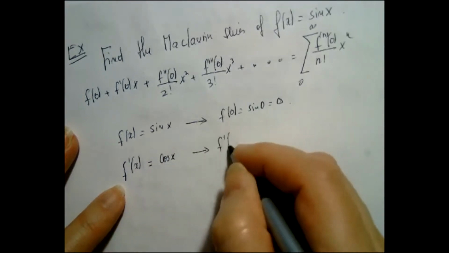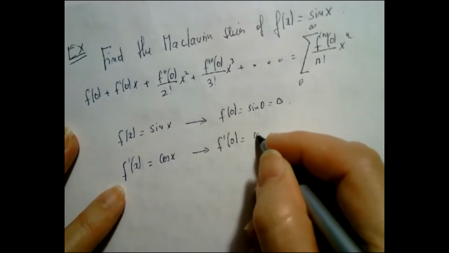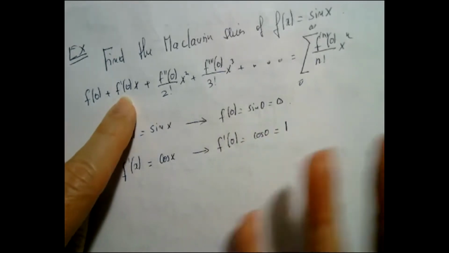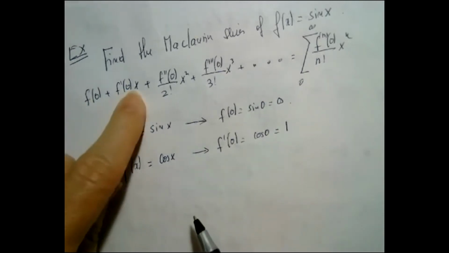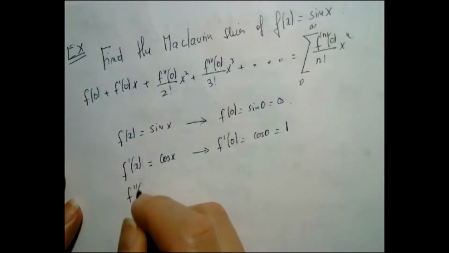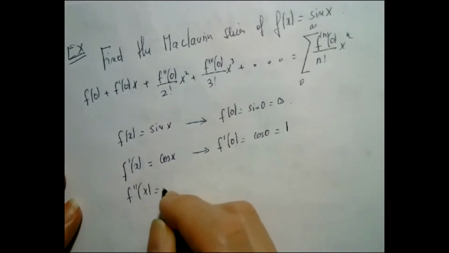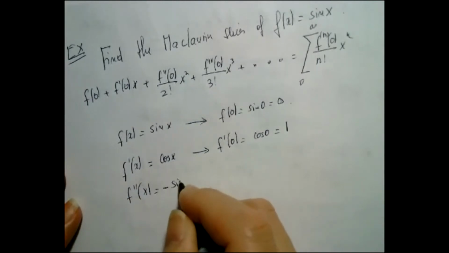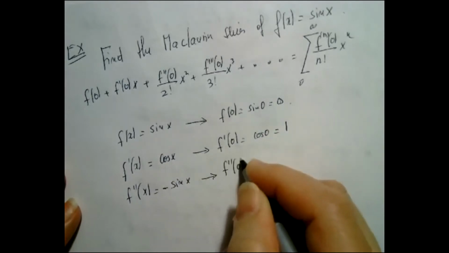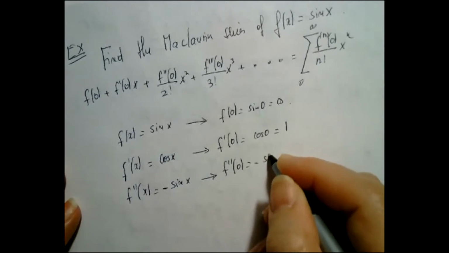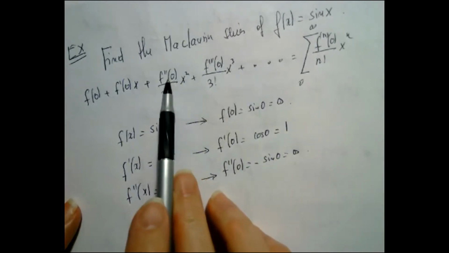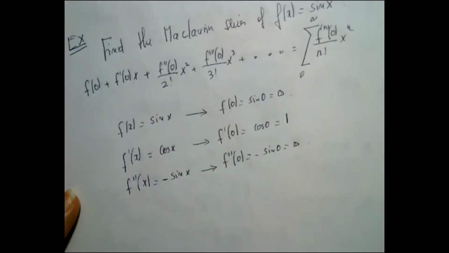It means the derivative at 0 is the cosine of 0, which is 1. So at this stage, I'm basically finding the tangent line. Now the quadratic approximation. The second derivative is minus sine, so the second derivative at 0 is minus the sine of 0, which is equal to 0. So the coefficient here is going to be equal to 0.